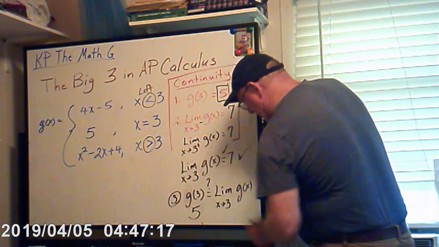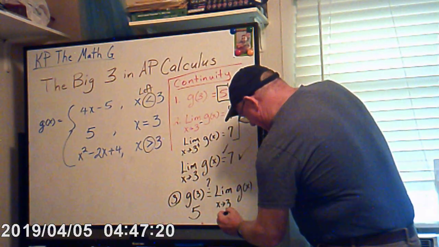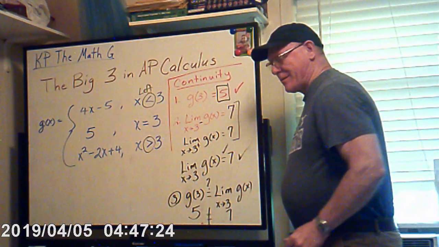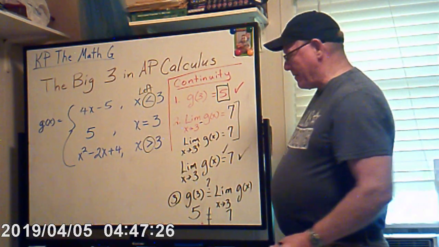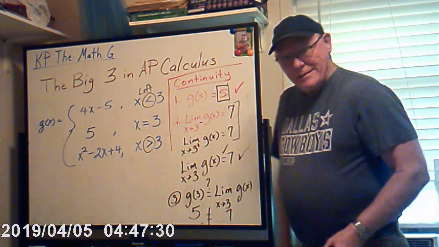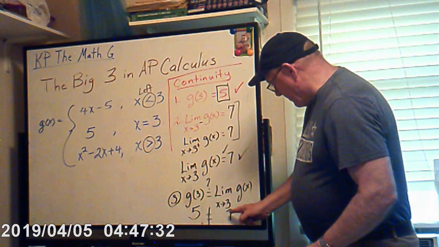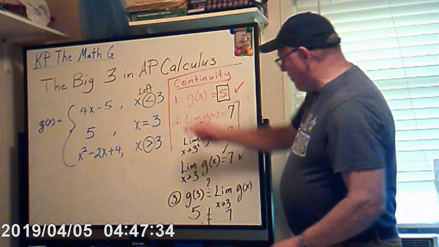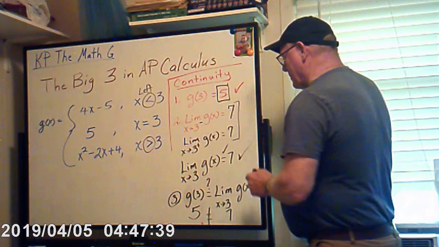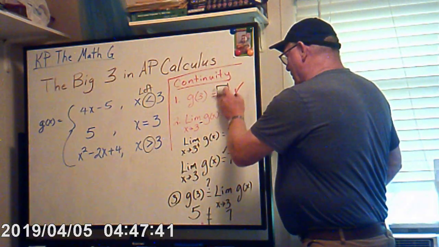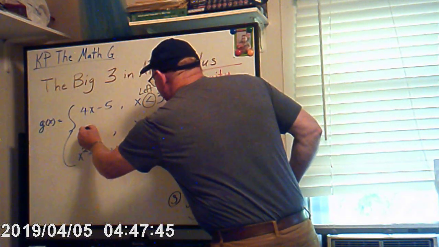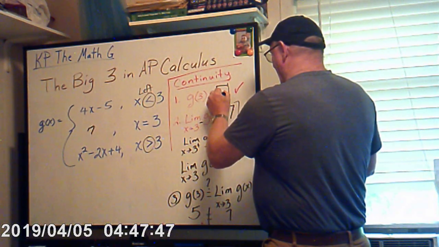This is 7. That does not equal, 5 does not equal 7. Never has, never will. Now what do we say about this continuity? It's broken up, isn't it? This number 1 has to fit number 2. Now had this one been 7, had I changed this to 7, we got it.